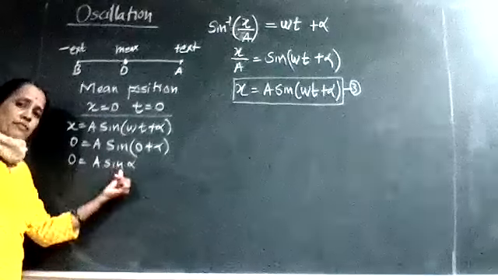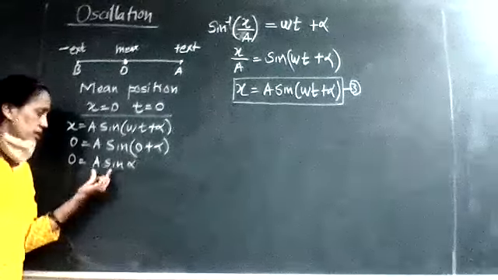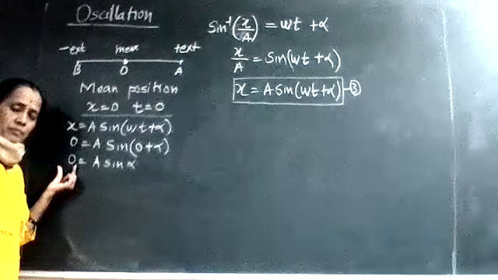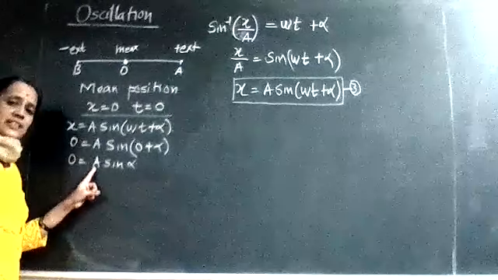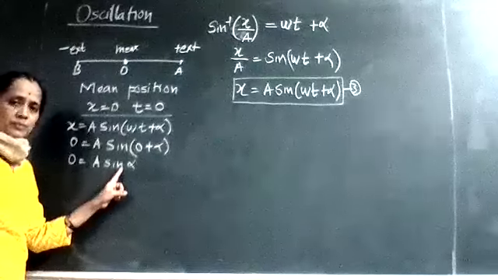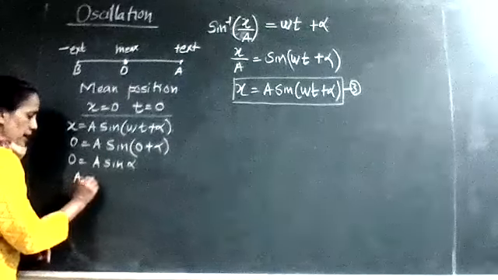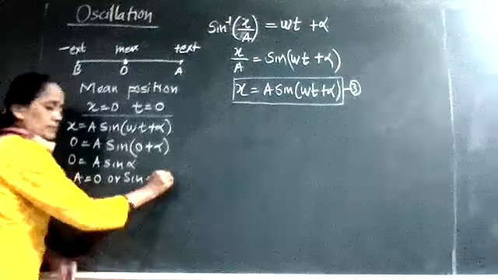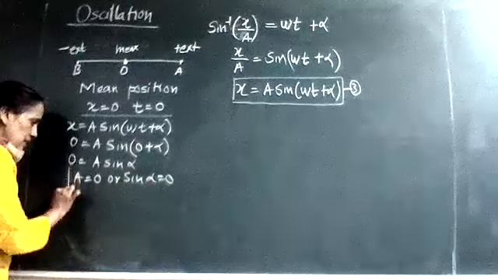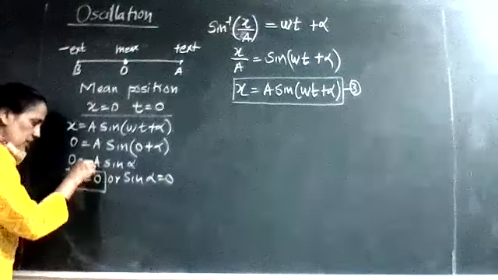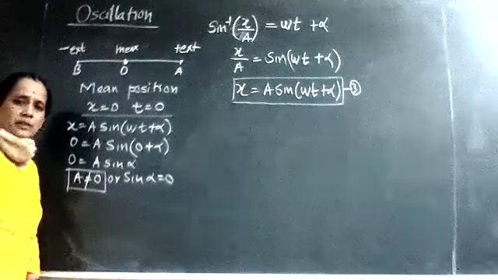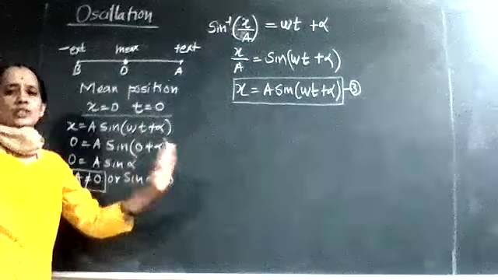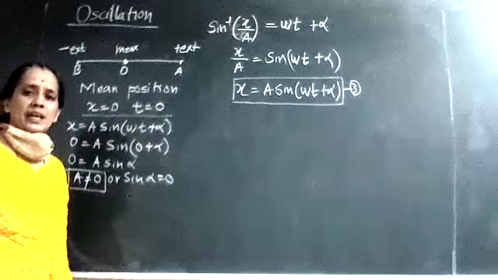Now A sine alpha, these two terms are in product. Their product is 0. Meaning is what? Either A is 0 or sine alpha is 0. So I say either A is equal to 0 or sine alpha is equal to 0. But this A is equal to 0 condition is not possible, because when particle is in the oscillation, the particle must have an amplitude.